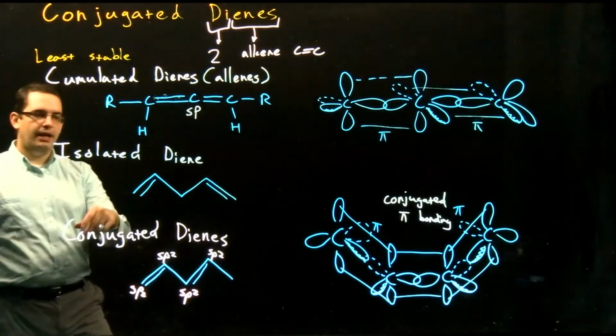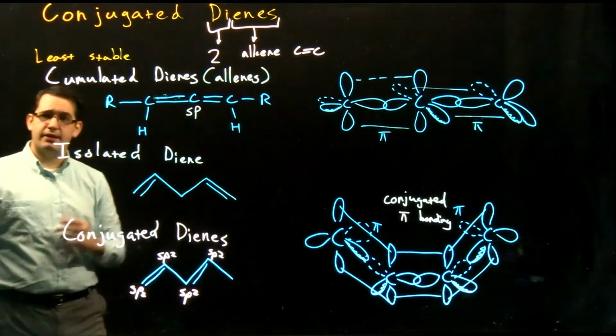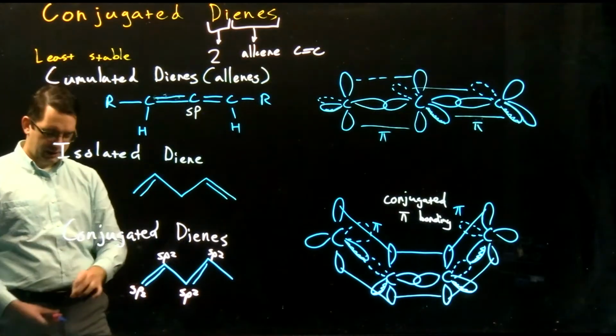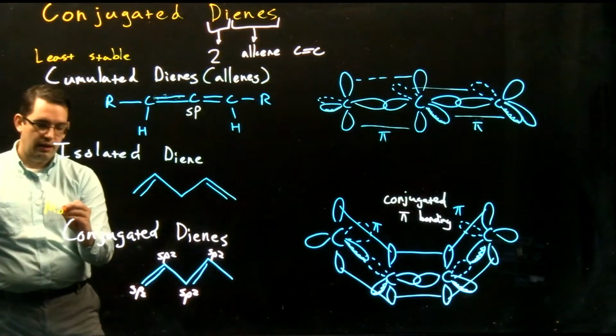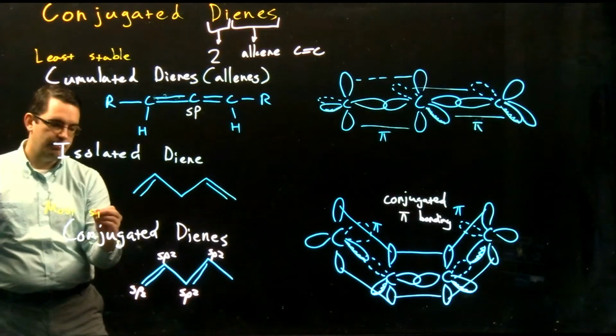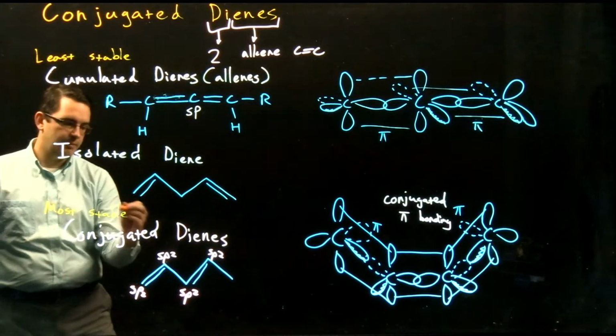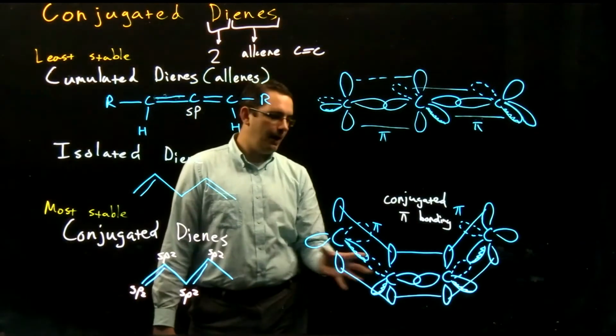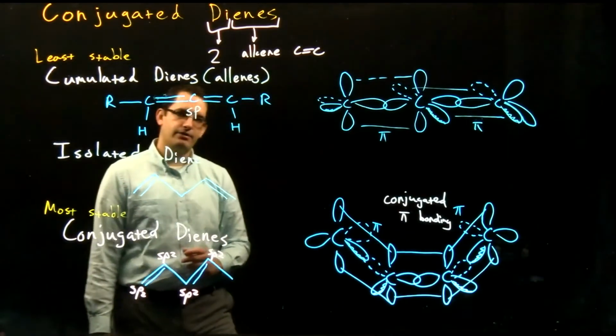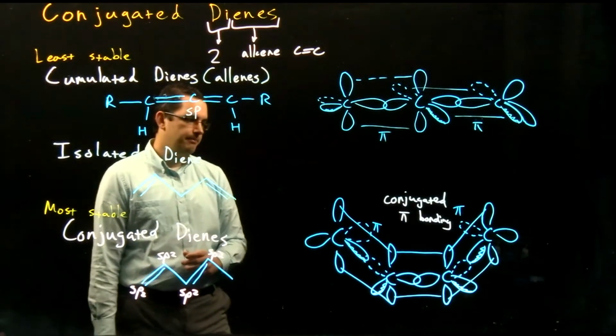Our isolated diene has moderate stability. It's essentially the same as any other alkene. But our conjugated diene is the most stable because those 2 double bonds are able to work together and help each other out through sharing our electrons through this conjugated system.